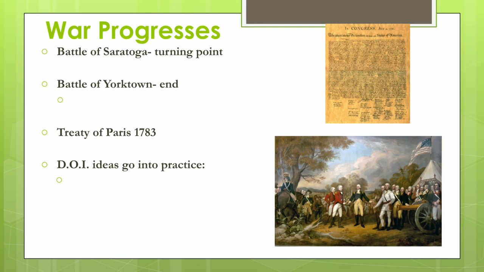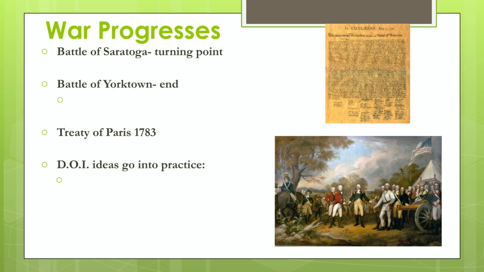Once the British retreat out of South Carolina, they make a march back to the sea, trying to hook up with the British Navy, but they're going to be surrounded at Yorktown. The French are going to bring their navy in and block off the British Navy from being able to rescue the British Army that was in the South.